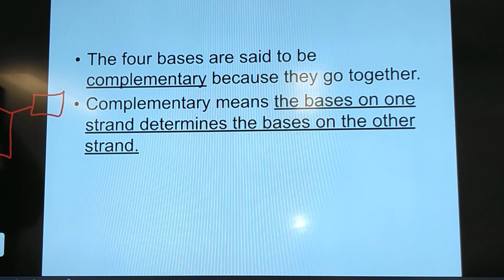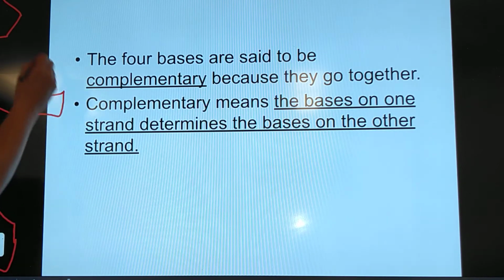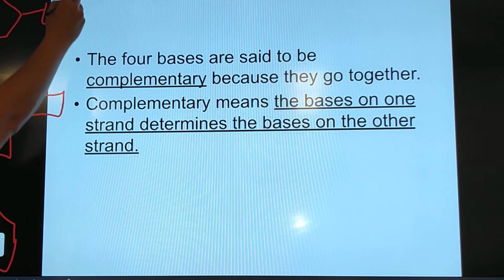Well, this phosphate is going to stick to the bottom of that next sugar molecule, and this is how they're going to stick together to make up those sides. And then it's going to have another phosphate that will join to the next one, and then down here will be another one, join to the next one, and that's how it's going to make up the backbone. And then we have our bases coming off the side.